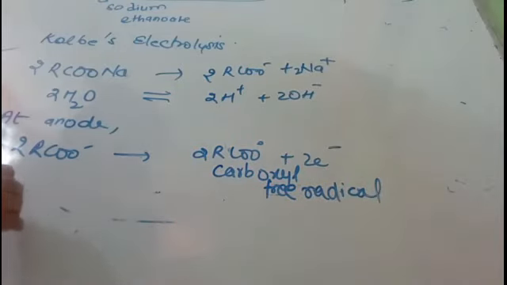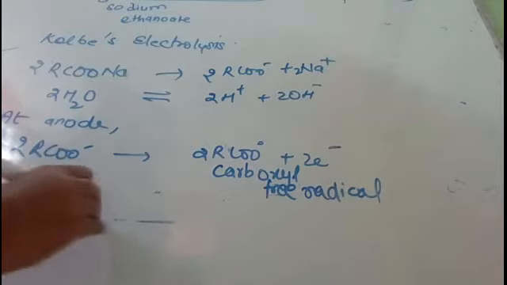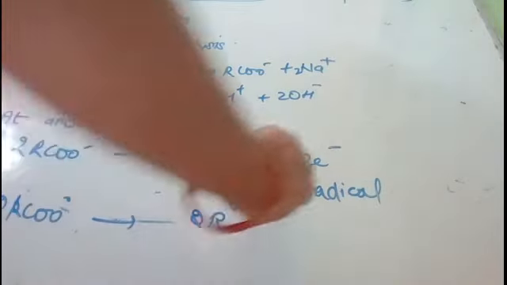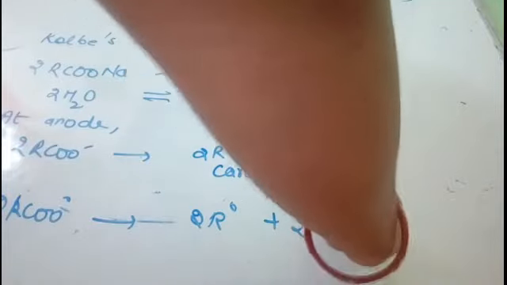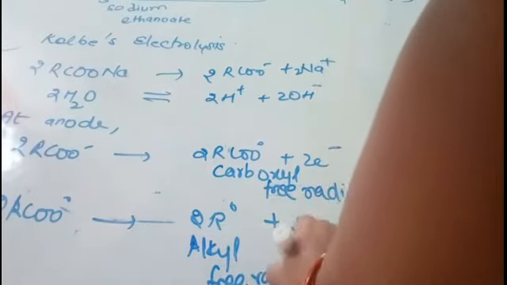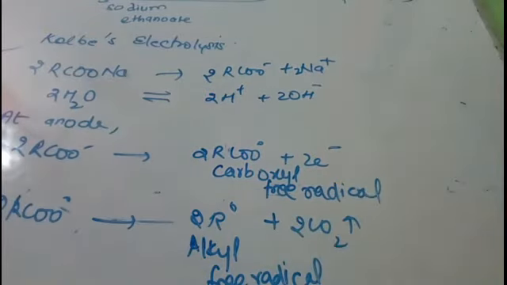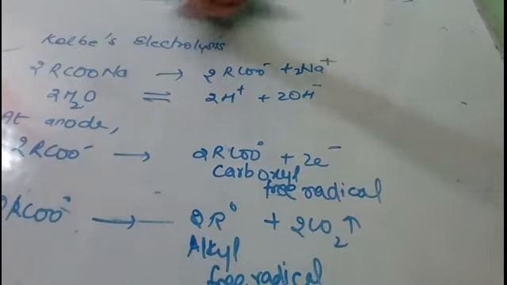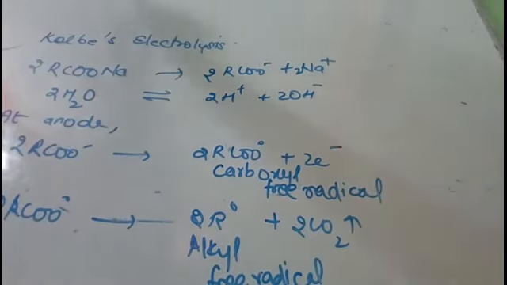Now these free radicals are highly unstable. They will lose carbon dioxide and form alkyl free radical. So alkyl free radical will be formed. Now these alkyl free radicals, being very reactive, will form higher alkane.